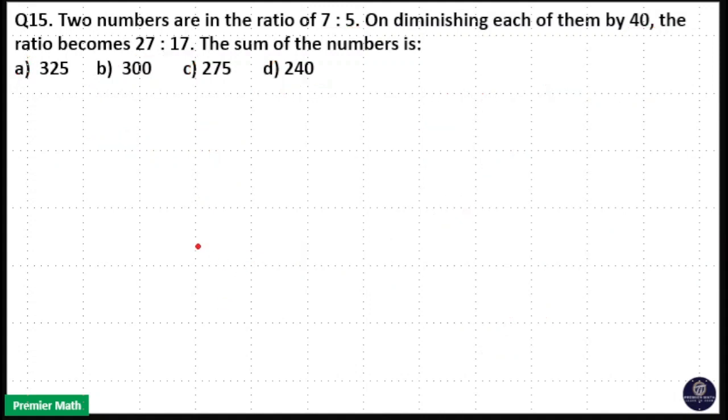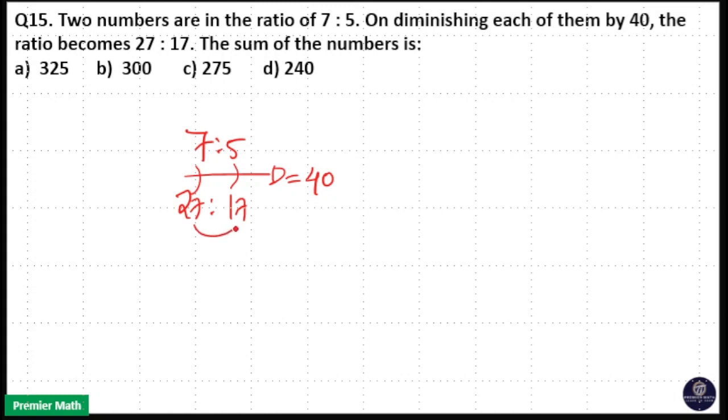The direct method is, you have 7 is to 5 as your initial ratio and 27 is to 17 as your final ratio. And the difference is 40 here. But the differences between 5 and 17 and between 7 and 27 are not equal.